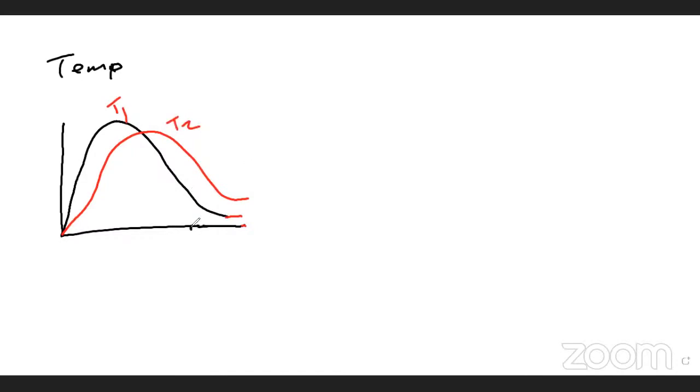Let us say this point on the graph represents the activation energy, so you draw a line from the activation energy. If they ask you to explain the effect of temperature on rates using the Maxwell-Boltzmann distribution curve, this is what you will draw. This is the initial temperature, and T2 is when you increase the temperature. Remember, the area under the graph represents the amount of molecules.